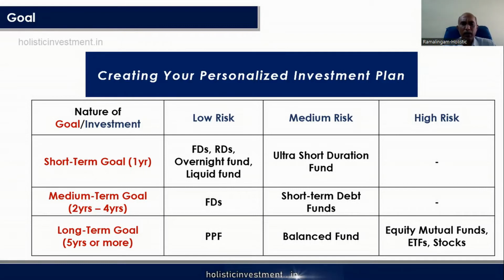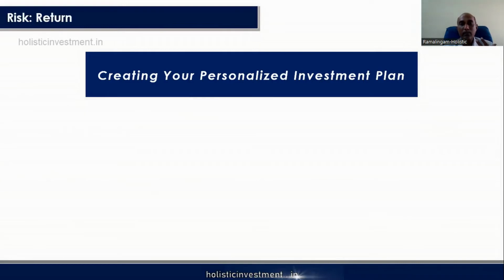Right. Now we have looked at what contribution you have to make on a monthly basis to meet your goals. Then what kind of schemes to select, we have discussed. There is another important parameter in deciding any investment, which is what kind of qualitative parameters to look at, what kind of things to avoid and what kind of mindset to have as an investor.